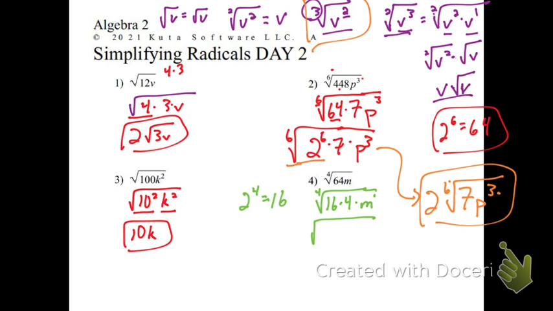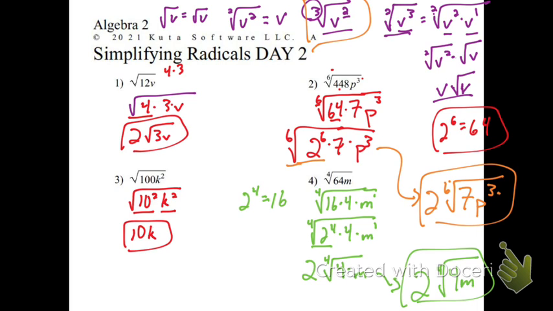So 16 is the same thing as 2 to the 4th, and then the 4, and then the m to the 1st. Okay? So the 4th root of 2 to the 4th is 2. So 2 pops out, and then I have the 4th root of 4, because we can't do anything with that, and then m. So if you want to make it look really nice, it would be 2, and then 4th root, 4m. And that's going to be a completely simplified radical there.